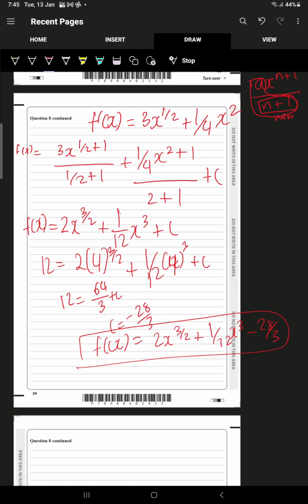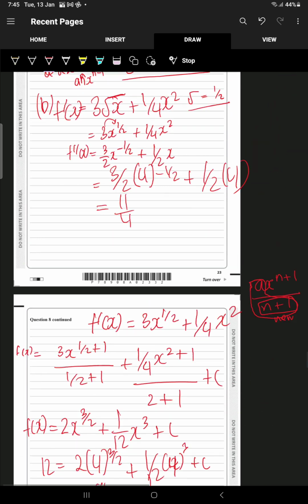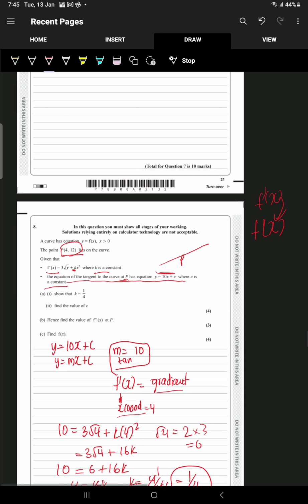You go to the derivative, there's a d over dx and a bracket, so you put this equation in. This is a tip that you don't want to miss out. And you put x as 4, and we get dy by dx as 10, which is correct, so this equation is correct.